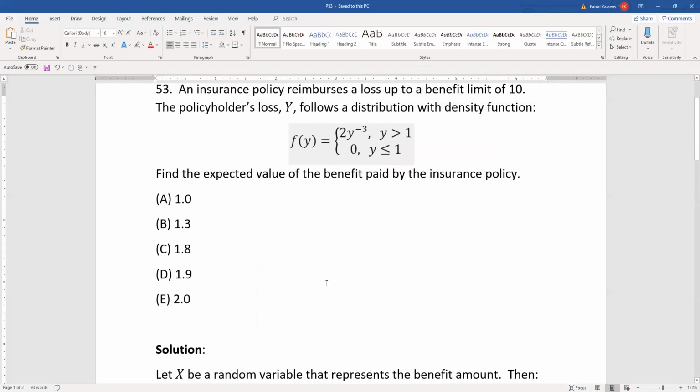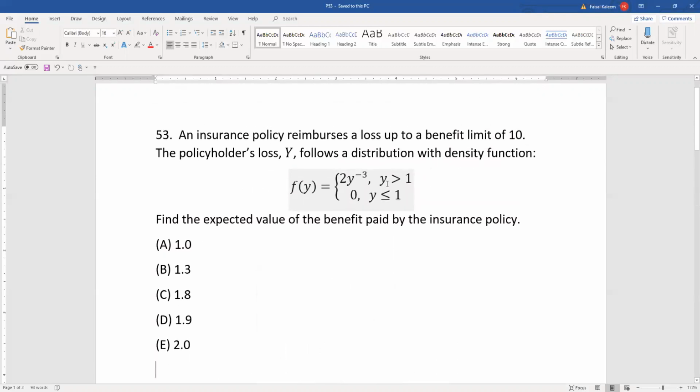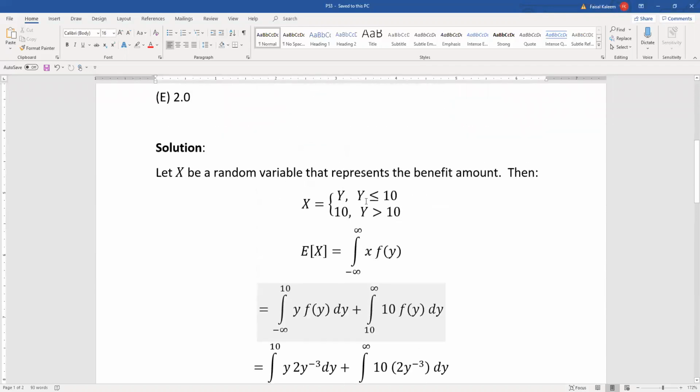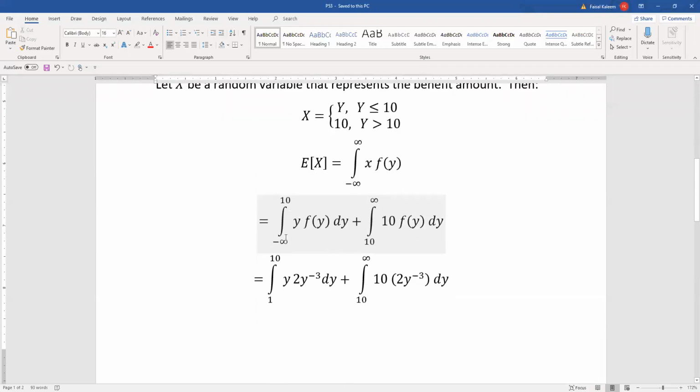Now in the negative infinity to 10 range, we have to figure out what Fy is. Fy starts picking values only for bigger than 1. So negative infinity to 10 effectively means 1 to 10, because you can think of breaking this integral from negative infinity to 1 and 1 to 10.